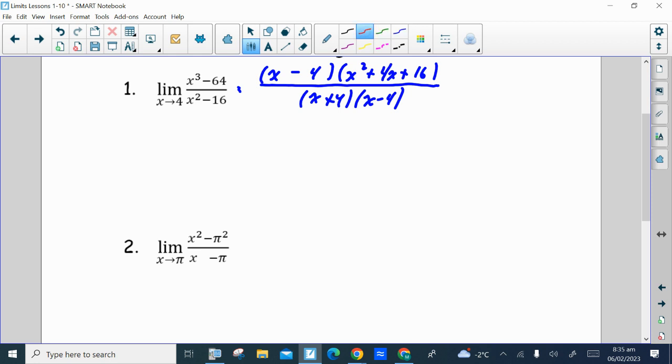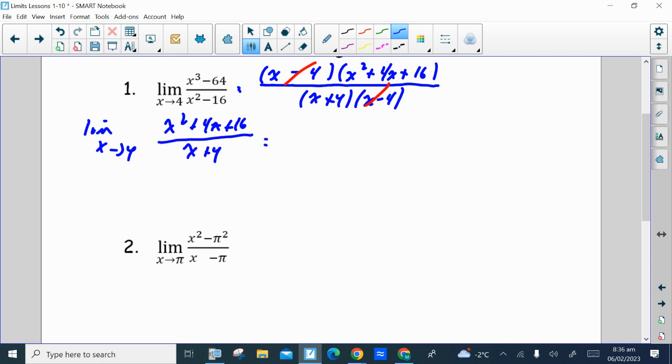So what happens then is that the x minus 4s cancel, and we've now gotten rid of the part of the denominator that makes 4 non-permissible. Now the non-permissible value is negative 4, but that's fine because we're not asked to find the limit as x approaches negative 4. We're asked to find it as it approaches positive 4. So this will be the limit as x approaches 4 of x squared plus 4x plus 16 over x plus 4.